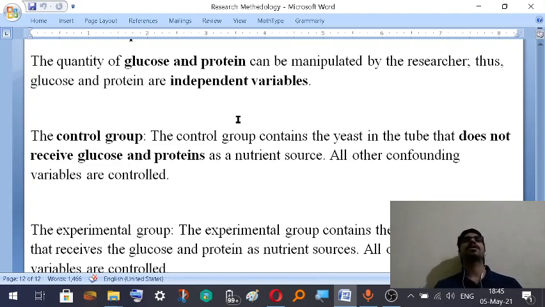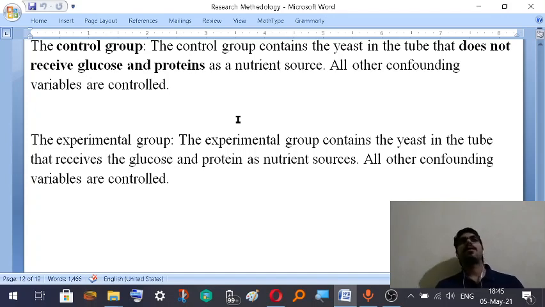And we also have to make sure that all the confounding variables are taken care of, they are controlled. What does confounding variable means here? For example, temperature, pressure. We need to keep those variables constant in control and in experimental condition, so that our result doesn't get confounded by these external factors.